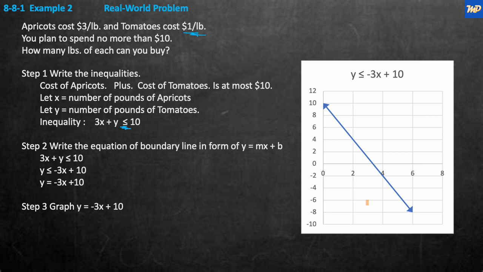So we're going to write the equation of the boundary line in the form of y equals mx plus b. We have to solve for the line that determines how many and what you can and cannot buy. So we're going to solve the inequality for y.